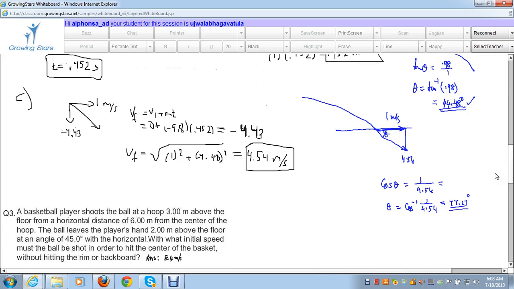The ball leaves the player's hand 2 meters above the floor, 45 degrees with the horizontal. With what initial speed must the ball be shot in order to hit the center of the basket without hitting the rim or the backboard? So it should come like this, isn't it? It should go like this. That's 45 degrees.